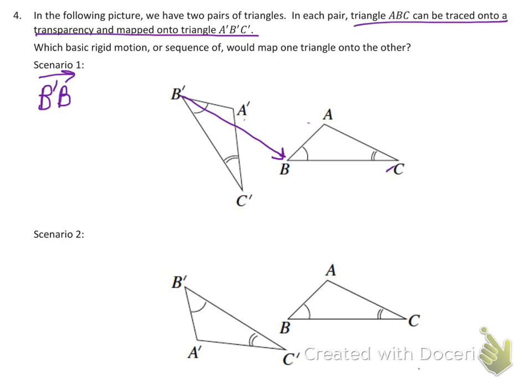So when I translate along this vector, I'm going to have B prime end up coinciding with B, and then I've got the triangle coming down this way, A and C, like so. And so I'm back to exactly what was in exercise 2.